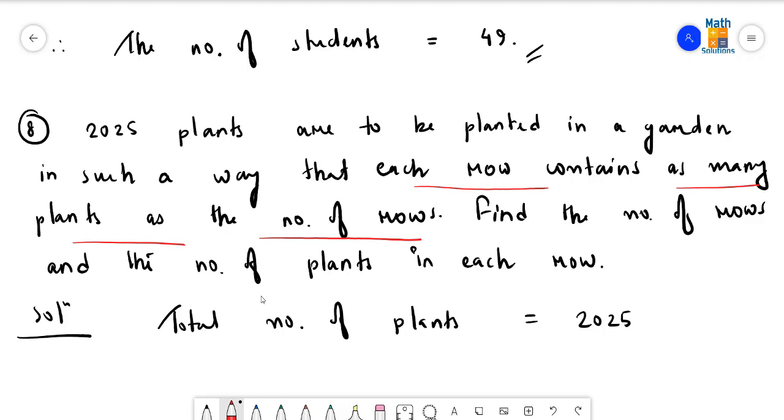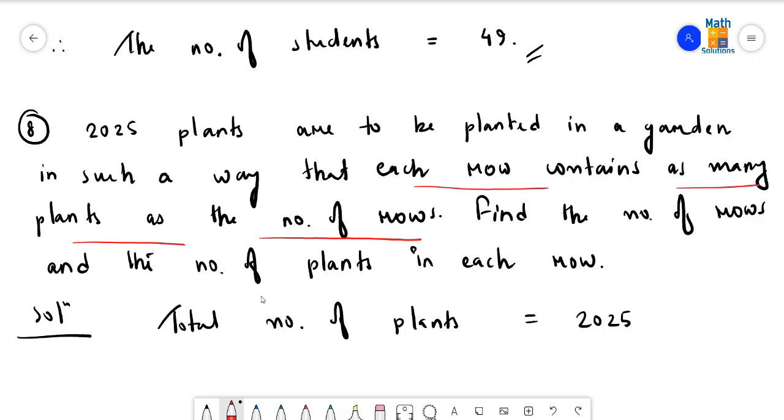Meaning, if suppose in a row there are x number of plants, then in total there should be x number of rows.